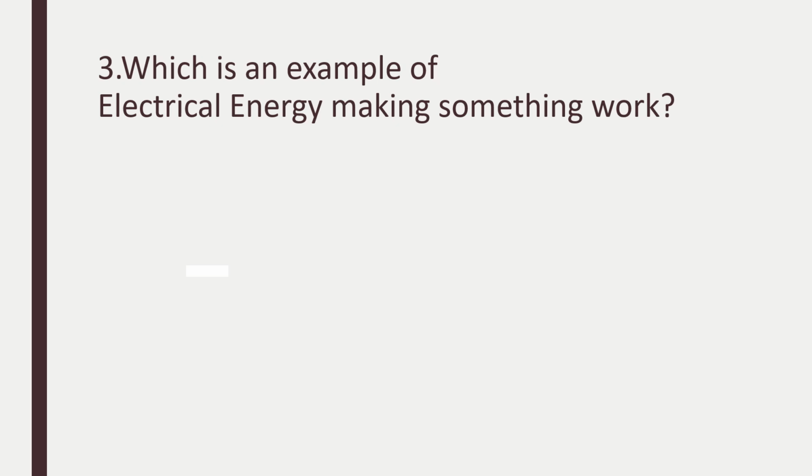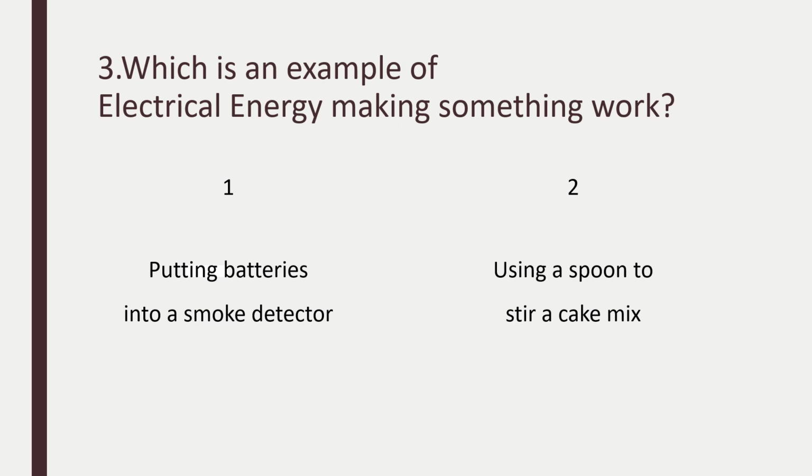Which is an example of electrical energy making something work? Pause the video and choose example 1 or example 2. Now, electrical energy is the movement of electrons. So example 1 is putting the batteries into a smoke detector.